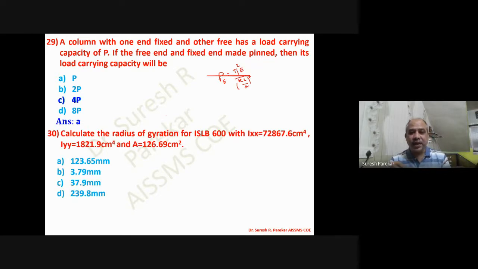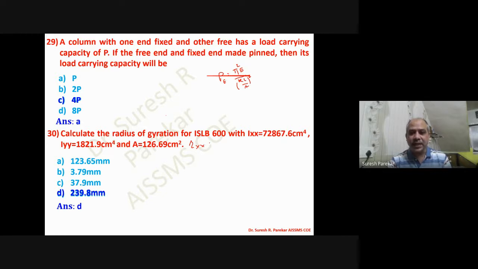Calculate the radius of gyration for ISLB 600 with IXX, IYY, and A. We are interested in the radius of gyration along the XX direction, which is equal to the square root of I by A. If you calculate this, you will get 239.8 millimeters.